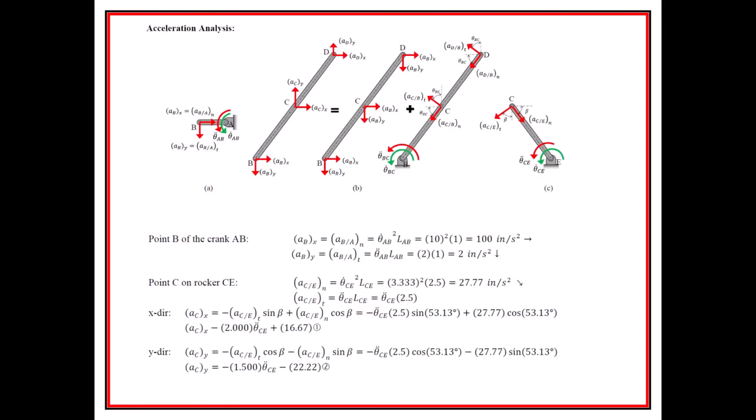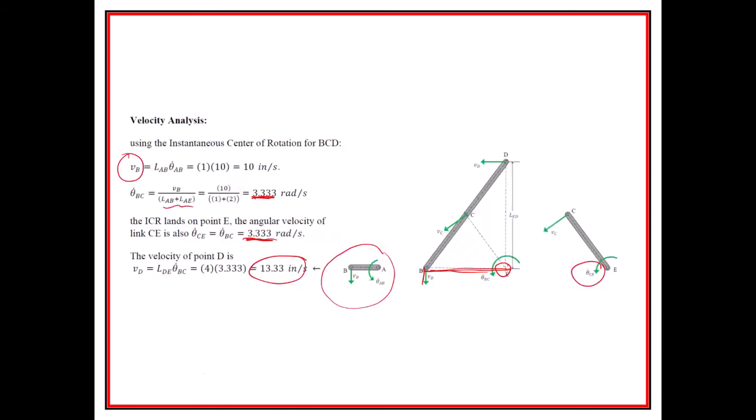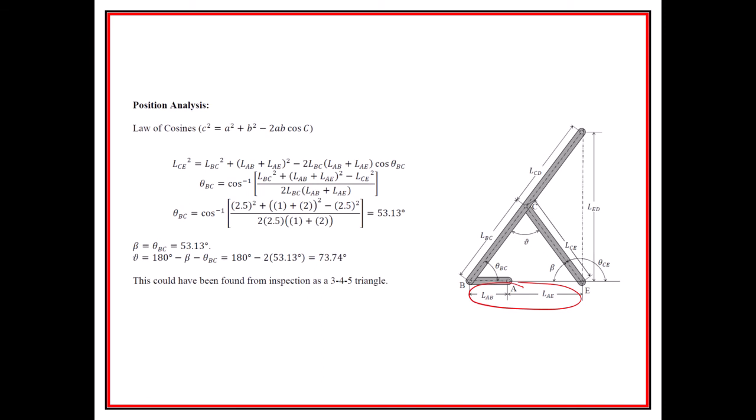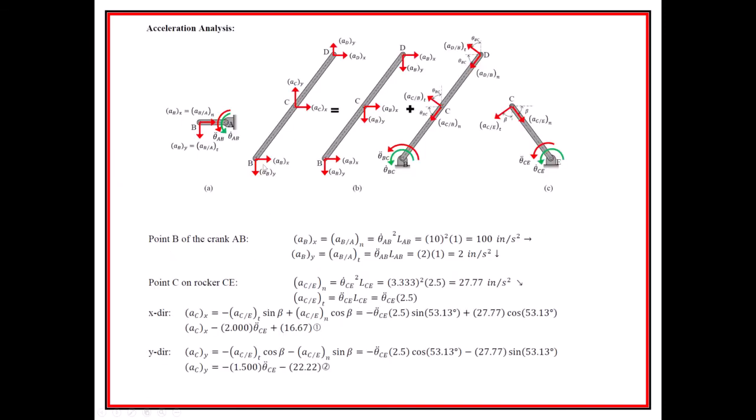What we really needed were the angular velocities of the parts. Now we do the acceleration analysis. Once again, we did the position analysis, the velocity analysis, and now we do the acceleration analysis. That's pretty much what we've been doing in this class: we dealt with position, then velocity, and now we're dealing with acceleration. So we can find the acceleration of point B of this crank.